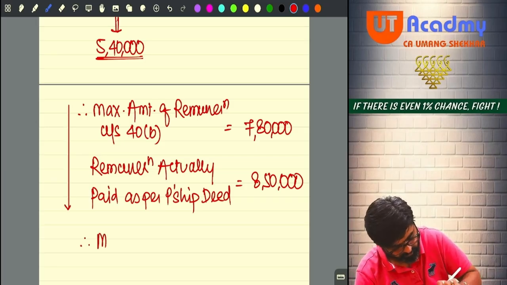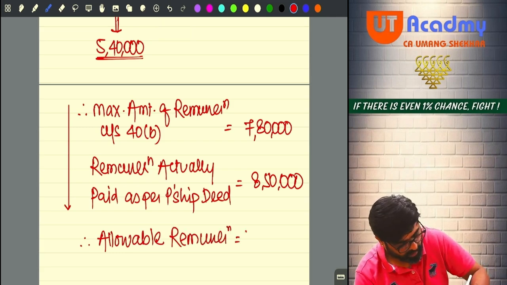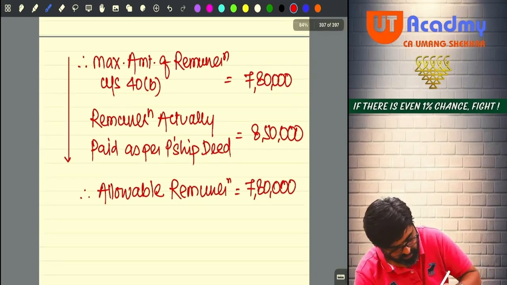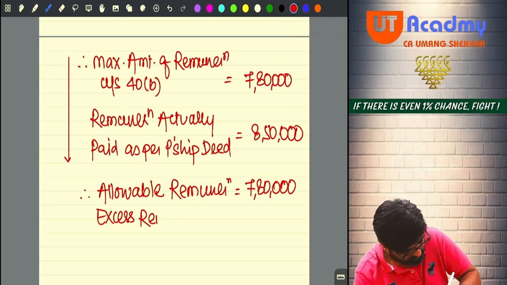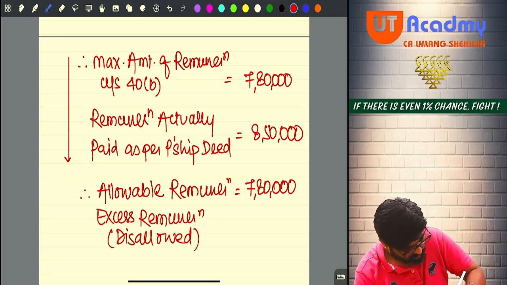Therefore, allowable remuneration, out of 850, how much will be allowed? 7,80,000. And excess remuneration, which is disallowed, will be how much?